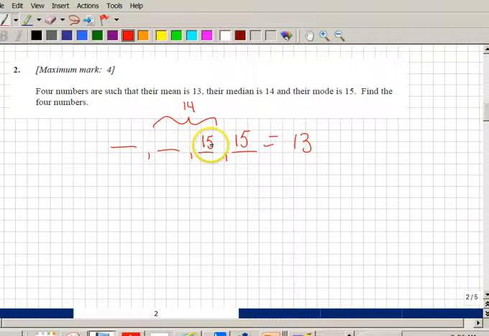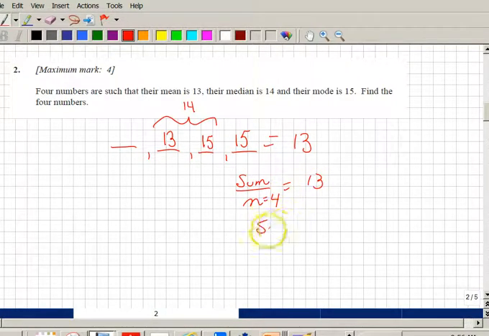So if that one is 15, then this one would be 13. And since the mean is 13, the sum of those numbers is going to have to be 52, because the sum divided by the number of numbers, which is 4, has to equal 13. Multiply both sides by 4.